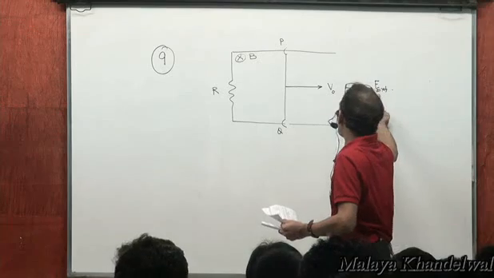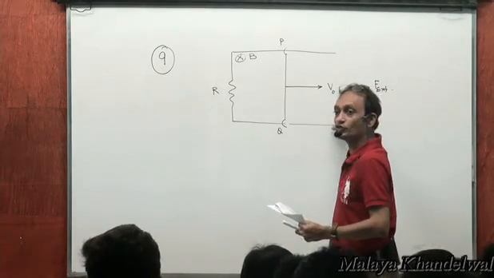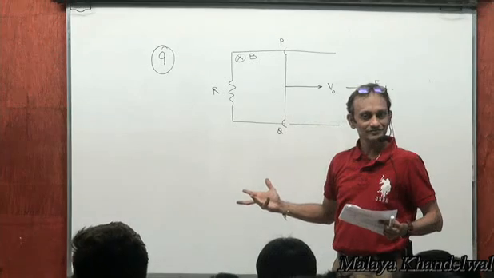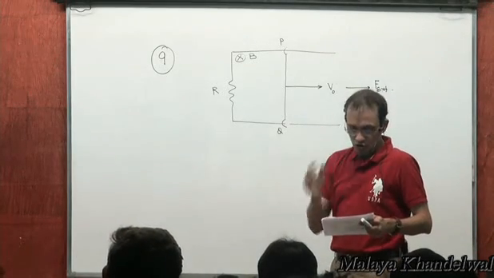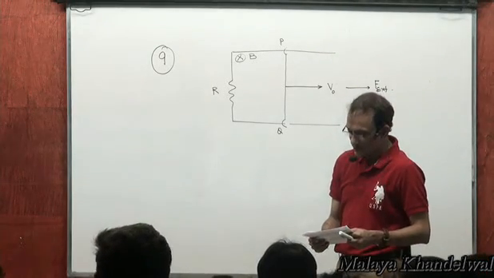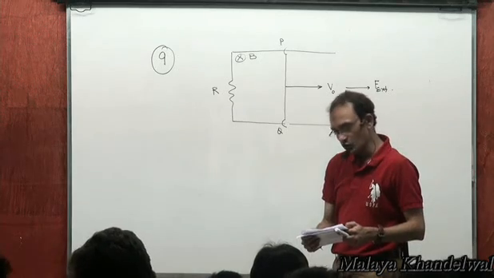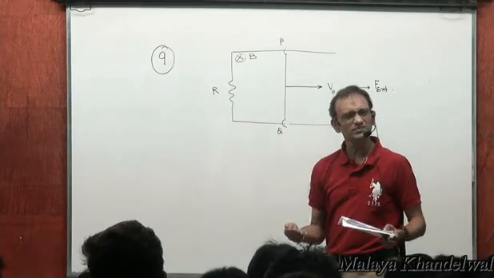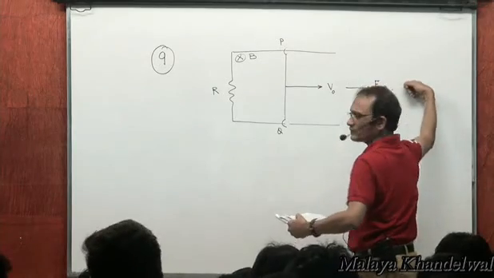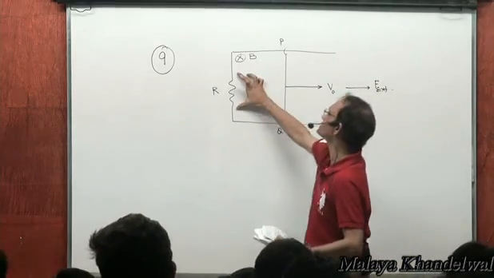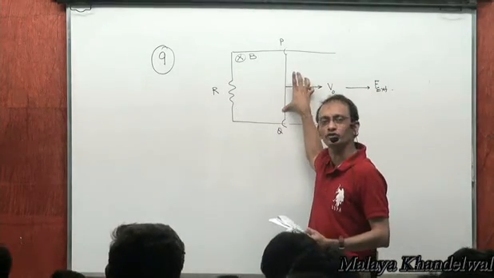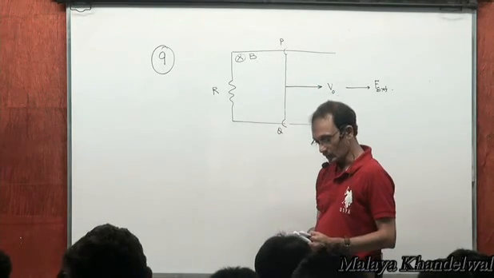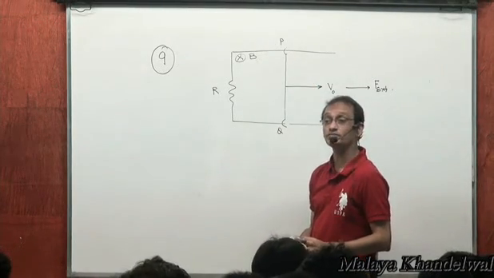Why? Because no part of the external power F external into V naught goes towards change of kinetic energy of the rod. So option A, the thermal power dissipated in the resistor is equal to the work done by the external person pulling the rod. All the work he is doing is going only towards dissipating energy here, and none of it contributes to change of kinetic energy. Clear? That's option A. So option A is right.